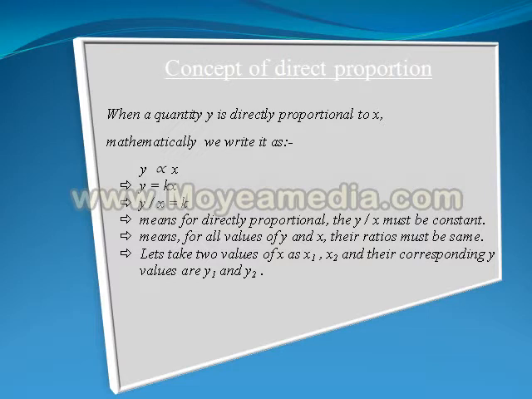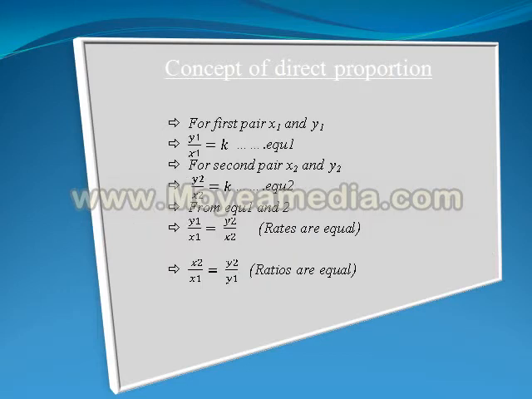So I just took two values of the quantity x as x1 and x2, and their corresponding values of y, I took as y1 and y2. From the first pair, x1 and y1, because the corresponding value of x1 is y1, direct proportionality means y1 over x1 is going to be a constant k. Okay, let's call it equation 1.